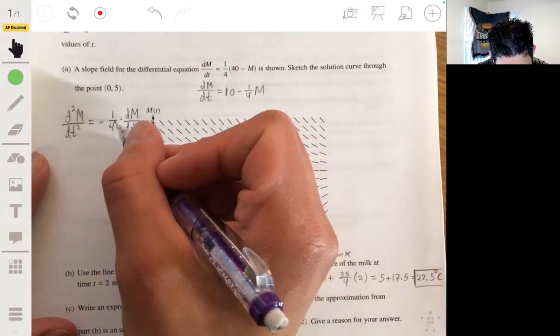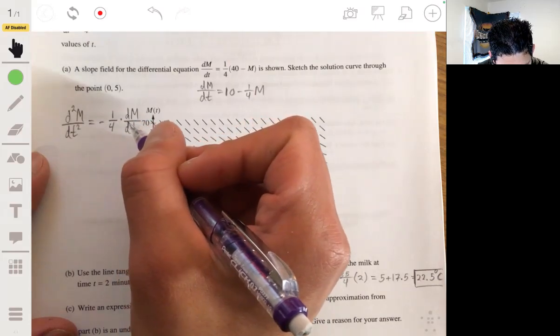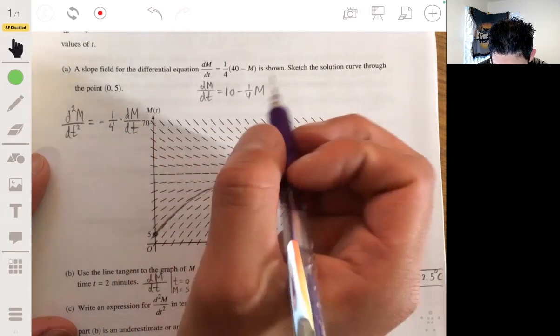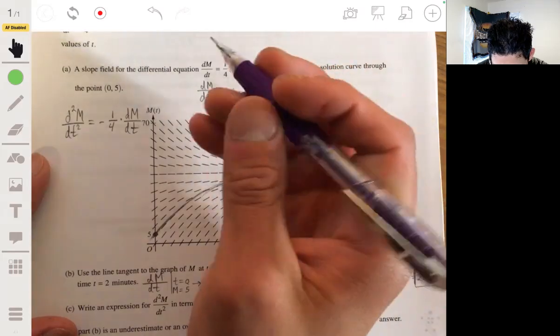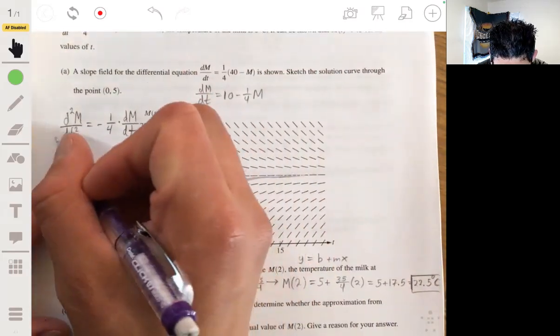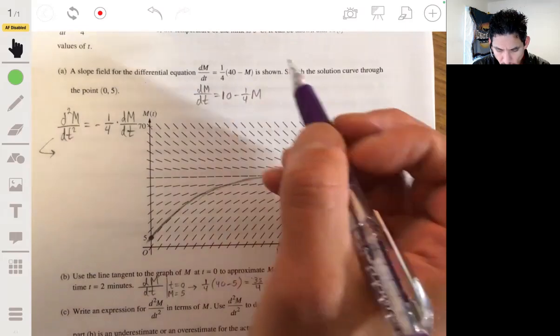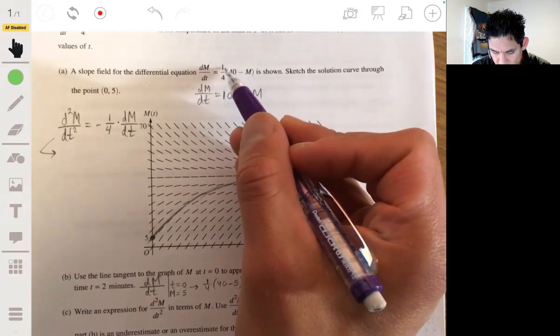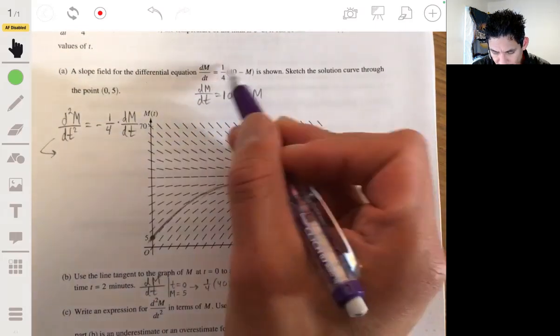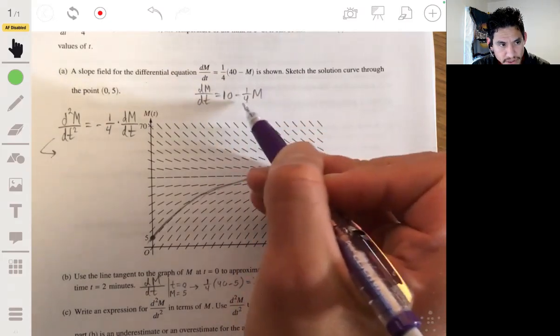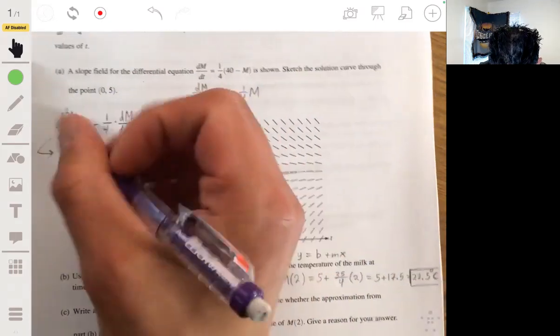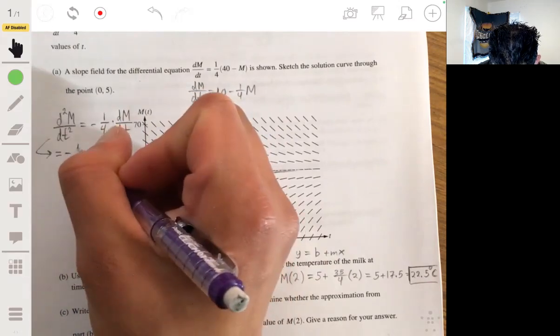And then that's just negative 1/4 times this whole thing. Again, I'm going to try to fit it in neatly so you can see what's going on.